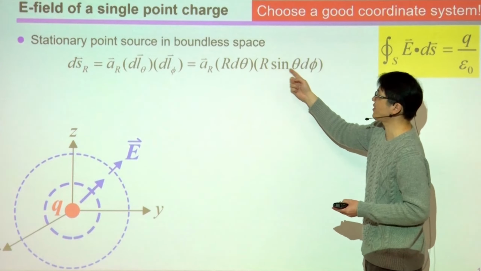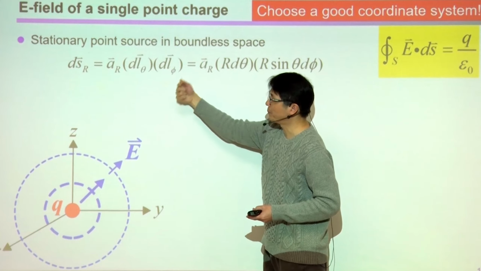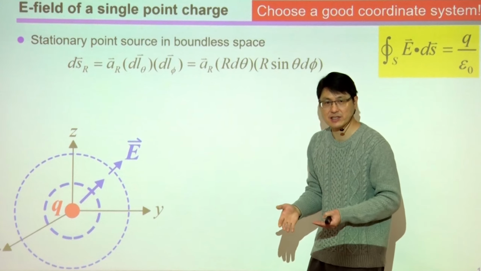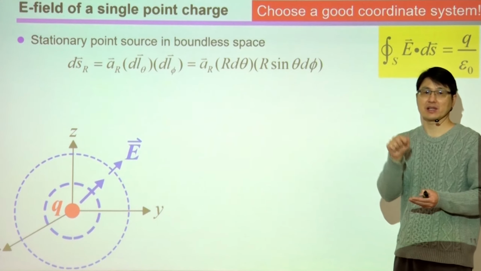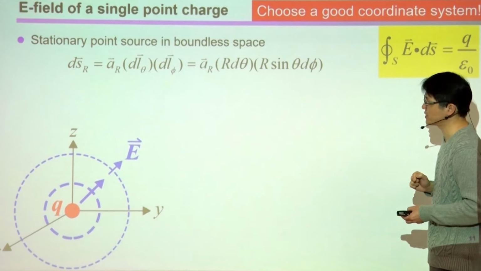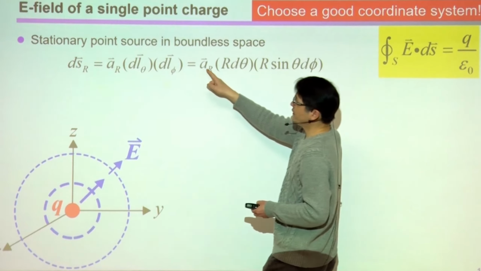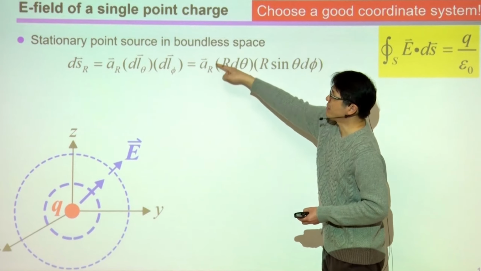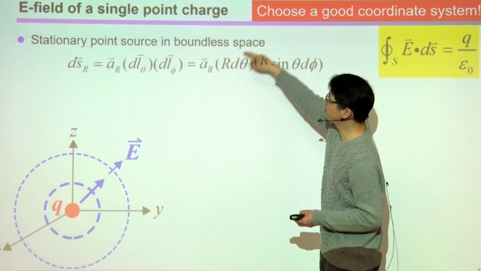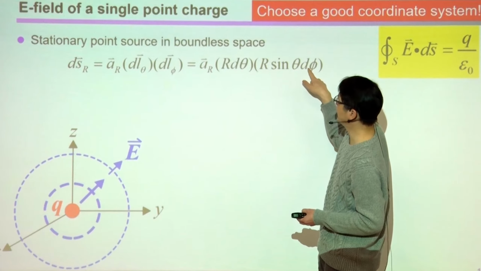It's only r sine theta. Okay? So for dl phi, again, I'm repeating this just to emphasize the importance of clearly understanding differential length and differential surfaces. So dS_r, pointing in the radial direction, its magnitude will be determined by these two differential lengths in the theta direction and in the phi direction.